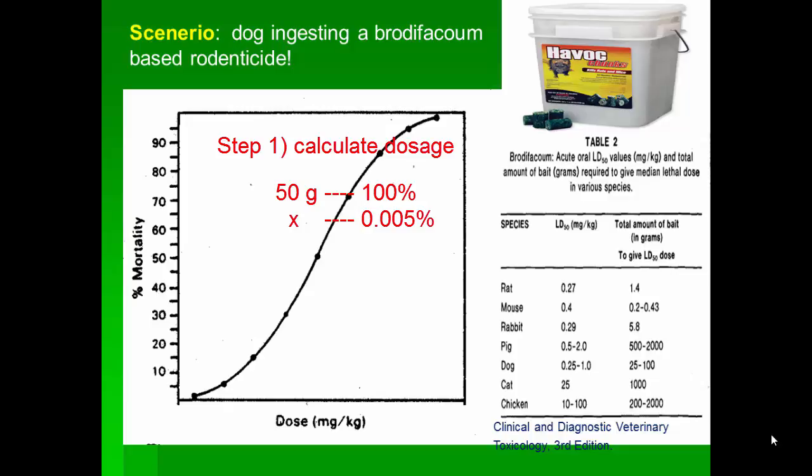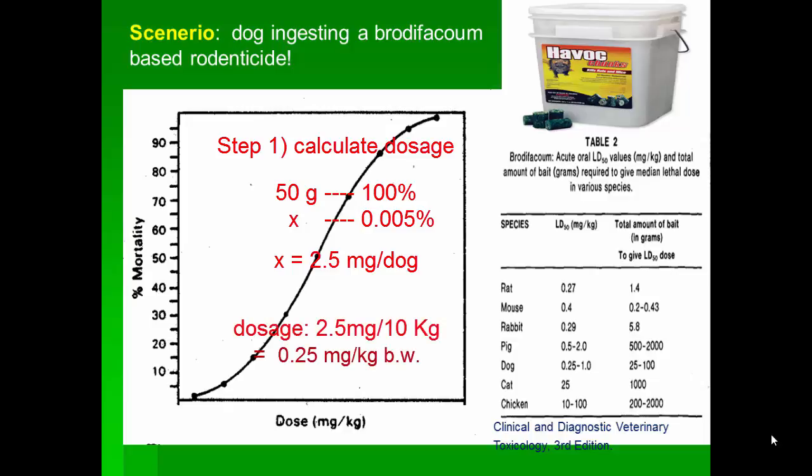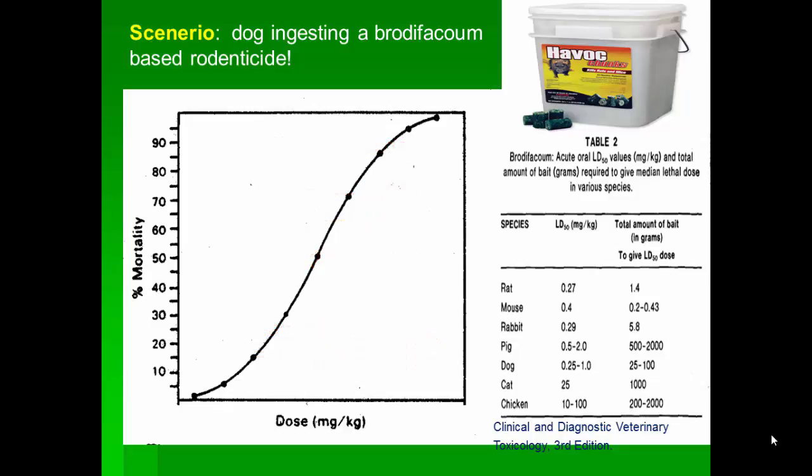Knowing that only 0.005% of the bait is the active ingredient, the amount of brodifacoum ingested by this animal would be 2.5 milligrams. And when we divide by the weight of the animal, we come up with a dosage of 0.25 milligrams per kilogram. So once we have calculated the dosage, the next step should be to look for a reliable source of information on the toxicity of brodifacoum.